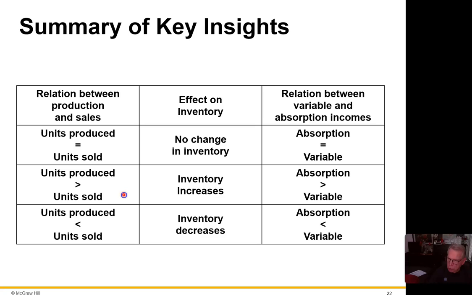If the units produced are greater than what we sell, inventory increases, and absorption costing is more than variable costing. If we produce less than the units we sell, the opposite occurs: inventory decreases, and absorption costing is less than variable costing.